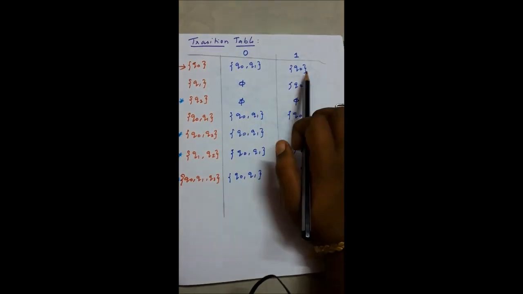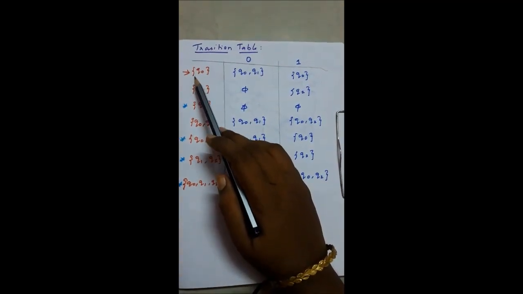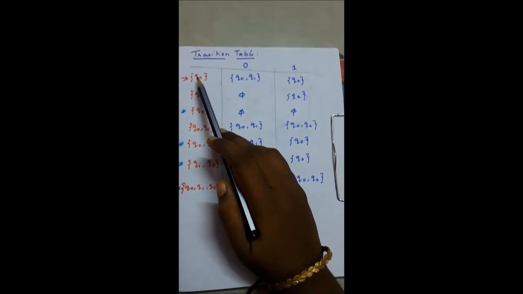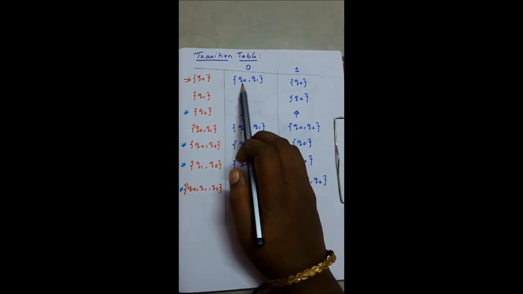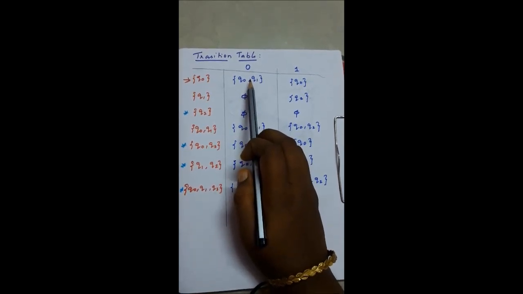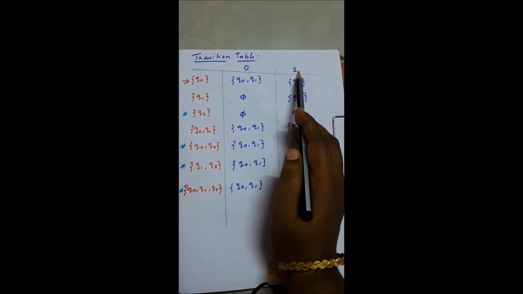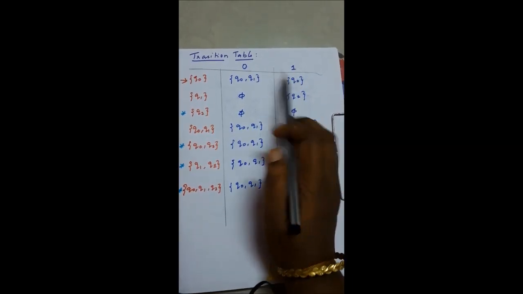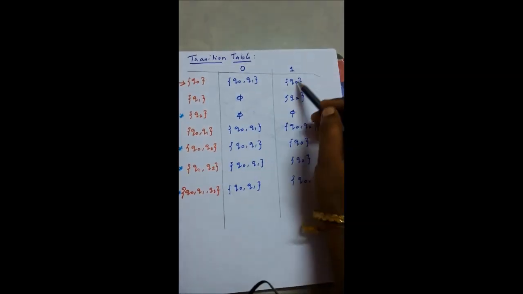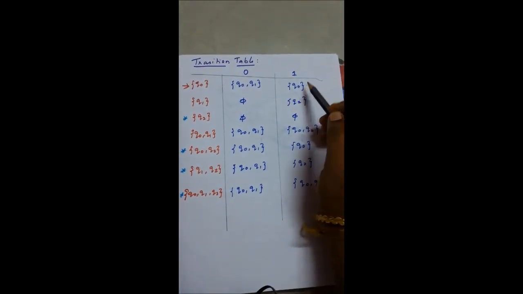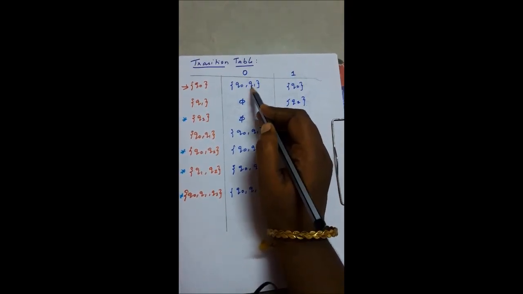To find the reachable states, first we start with our initial state. Q0 is our initial state. When we give the input as 0, we get the state Q0Q1, and when we give the input as 1, Q0. Here Q0 is already available, so we need not worry about it. But Q0Q1 is our new state.